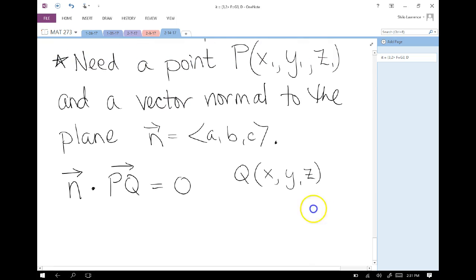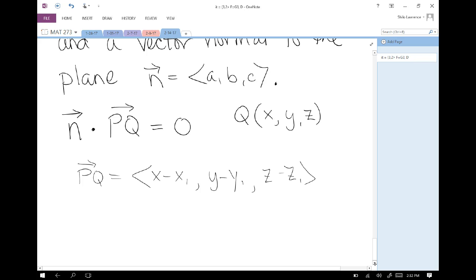So what this looks like, and you don't have to work this out every time, this is going to lead to an easier formula that we can actually do. Vector PQ, we're going to do the Q's minus the P's. So this is going to be x minus x1, y minus y1, z minus z1. And then when we dot that with n, remember we multiply corresponding components.